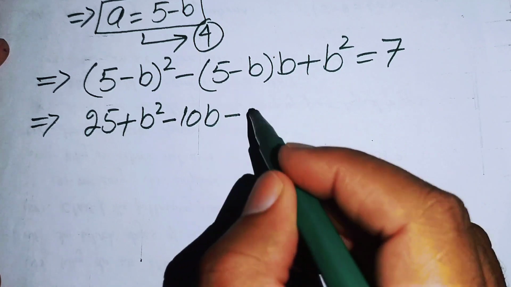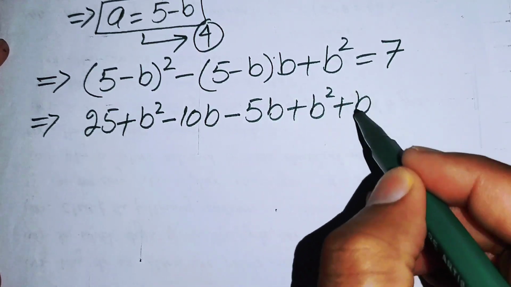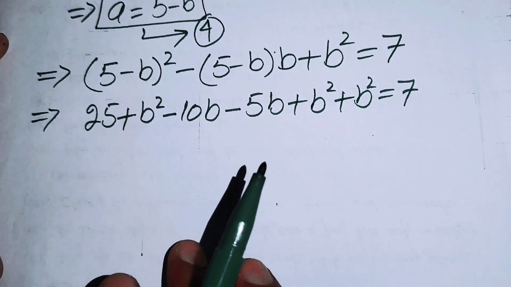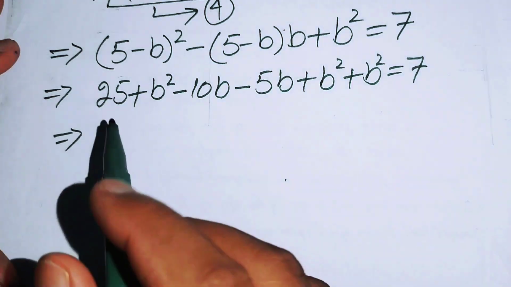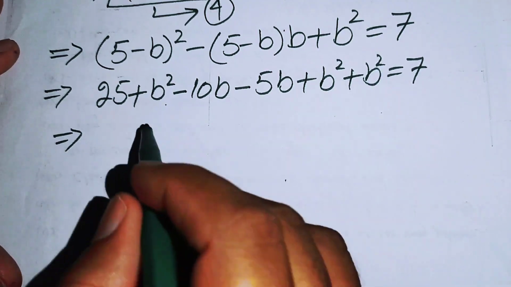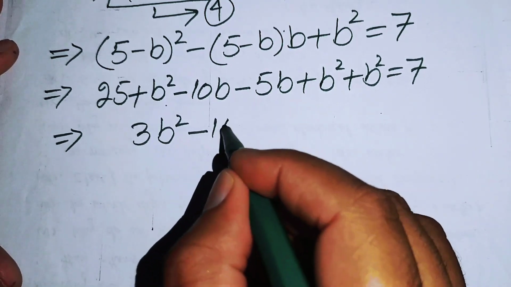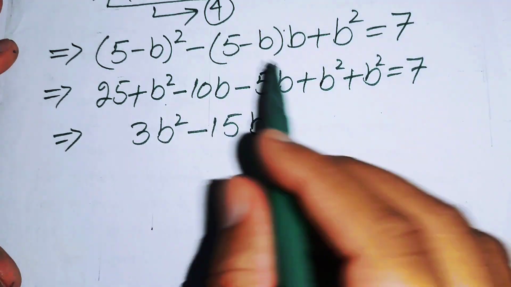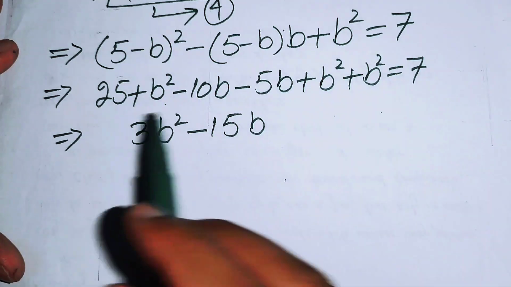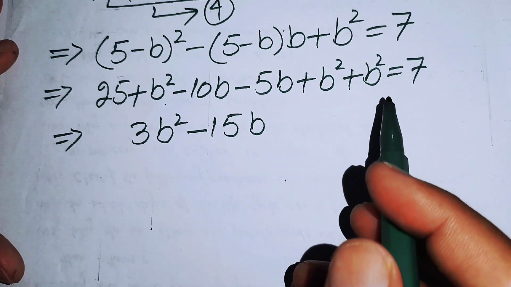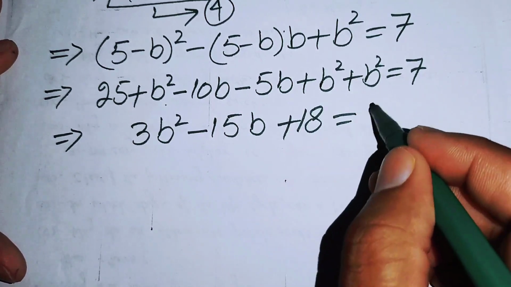We multiply these factors here, and you get minus 5b plus b squared, and plus b squared is equal to 7. Now you can simplify the terms: b squared plus b squared plus b squared gives 3b squared, minus 15b, plus 25. When you move this 7 to the left-hand side it becomes minus 7, and 25 minus 7 is equal to plus 18, and the whole is equal to 0.